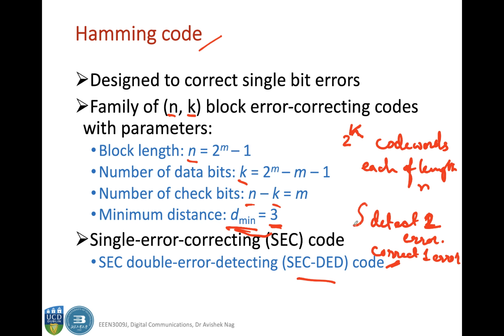And this property, detecting two errors and correcting one error, has to do with this d min. So if your d min is 3, then you can detect two errors and correct one error.